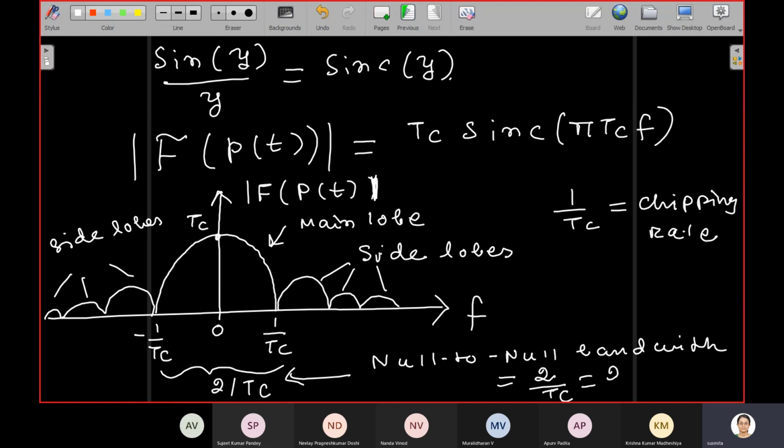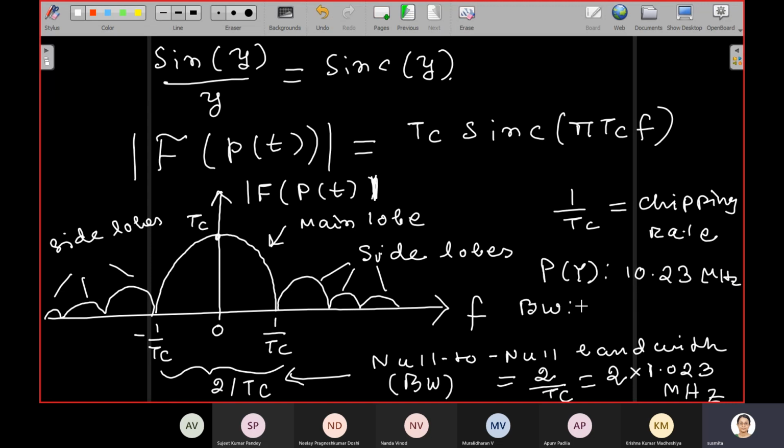So in case of CA code, it is 2 into 1.023 megahertz. In case of PY code, which has a chipping rate of 10.23 megahertz, null to null bandwidth, so I'll just call it BW, okay? So BW is 2 times 10.23 megahertz.